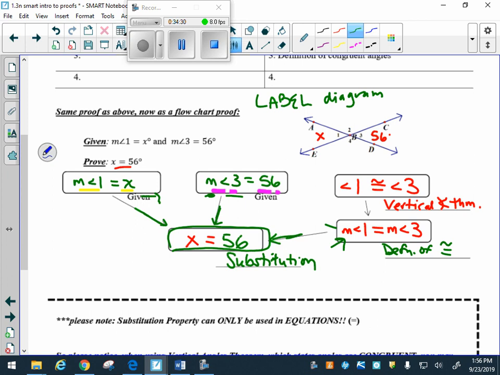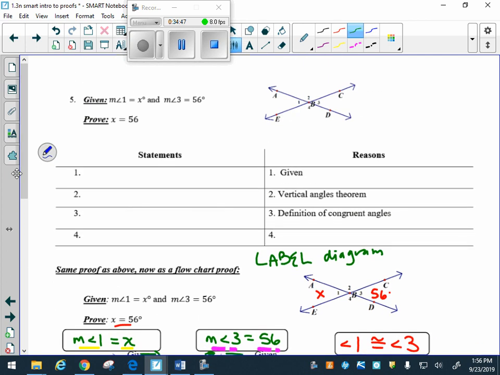If you're using substitution, you should be able to point to the equation you used and everything that got substituted in, right? Sometimes it's more than 3 arrows. Sometimes it's less. Okay, again, just really quickly, look at this version of the same exact proof. All of our givens would be in the first statement.